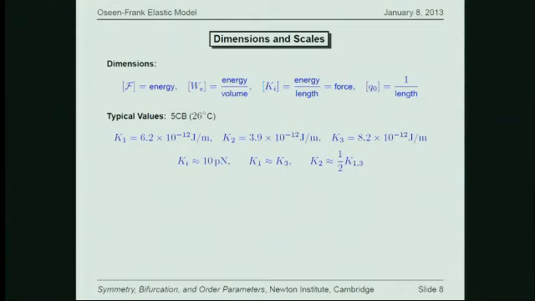And so here are the experimentally measured values of K1, K2, K3 for this material at this temperature. And as Oleg indicated yesterday, the order of magnitude of these elastic constants is of the order of tens of piconewtons. 10 to the minus 12 newtons is the piconewton, so you frequently see these things quoted like that.